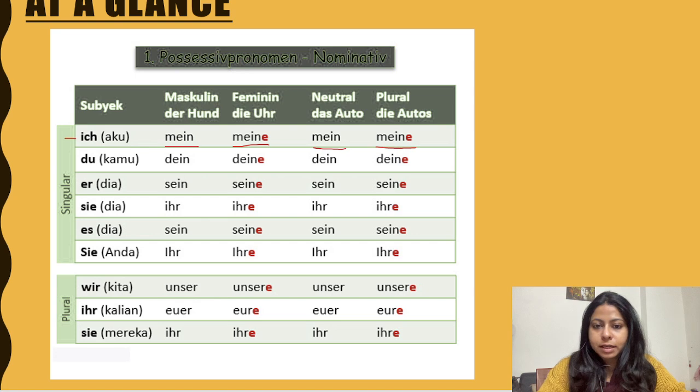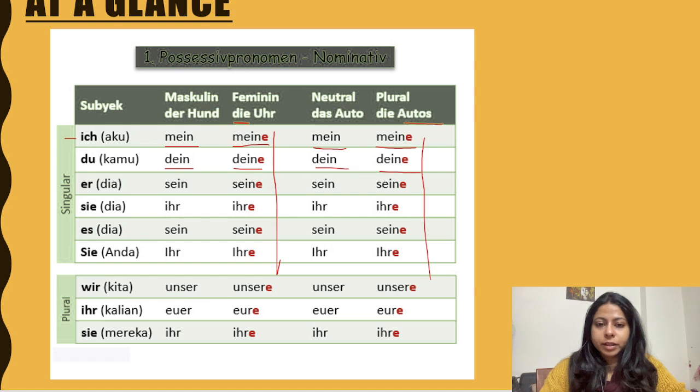If you can see, the e is in red, which means feminine and plural take the ending e because they have the article die. The noun examples: der Hund, die Uhr, das Auto, die Autos. Let's see with du: dein, deine, dein, deine.